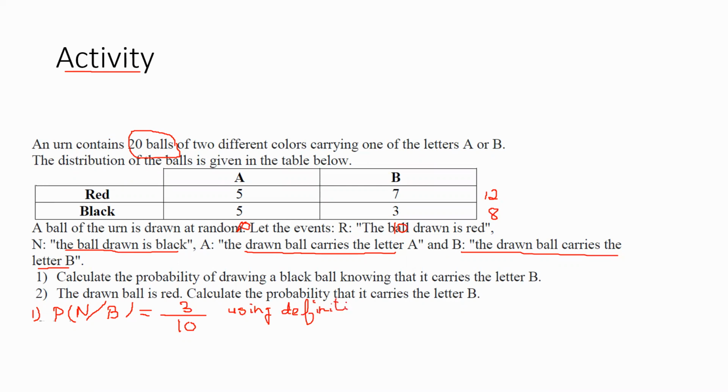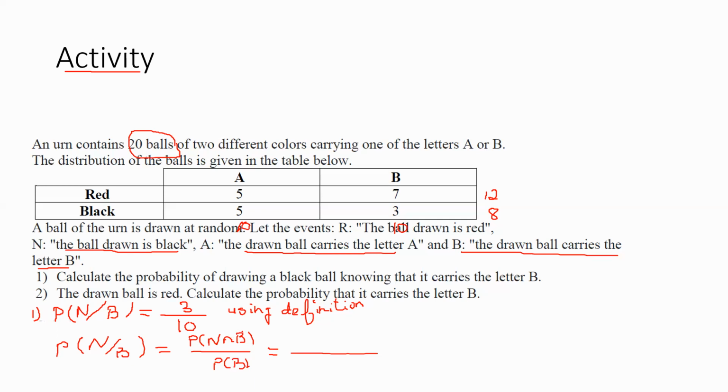Now using the rule, what is the rule? The rule we have seen before in the previous slide: probability of their intersection, N intersection B, over probability of B. How to calculate probability of N intersection B?